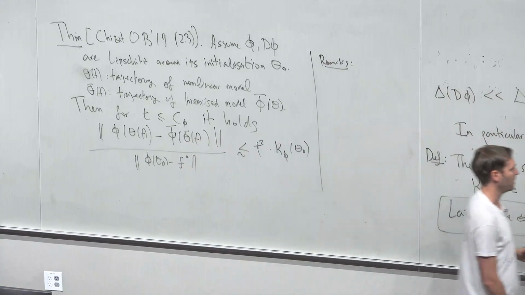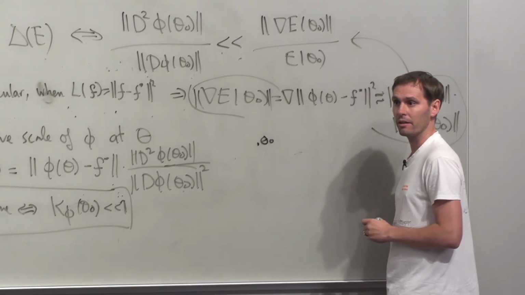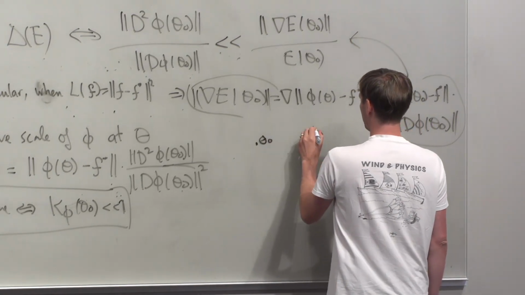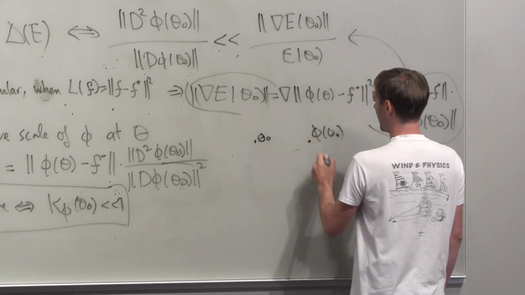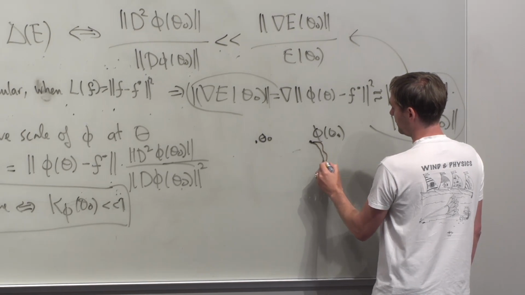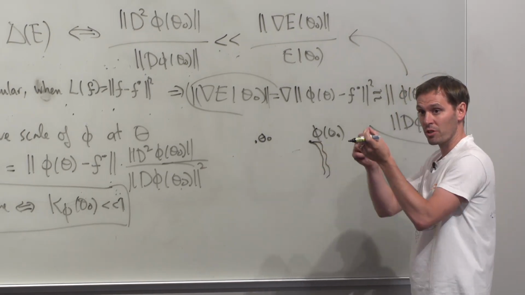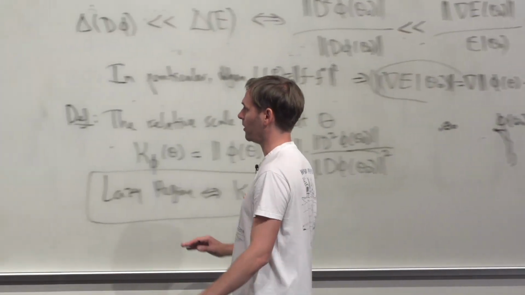You can think of it that the two trajectories start at the same point, so they define the same function, theta 0. The nonlinear trajectory would visit some functions, and the linear trajectory visits different functions, but these two trajectories in function space are very close, and it depends on the relative scale.